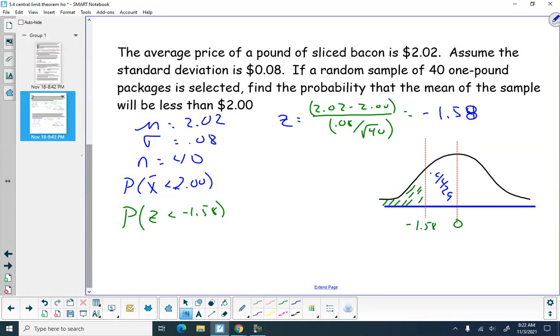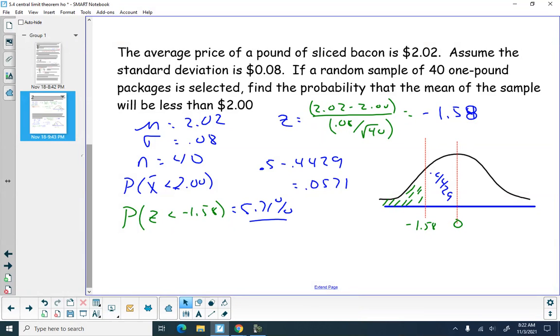Then to calculate our area adjustment, what would we have to do? And what do you come up with? 0.0571. So we have a 5.71% chance that if I took a sample of 40, their mean would be less than $2.